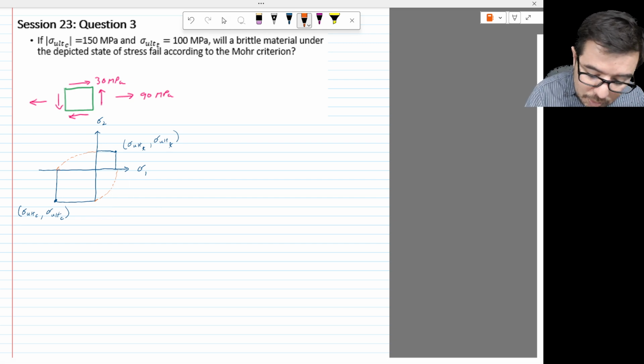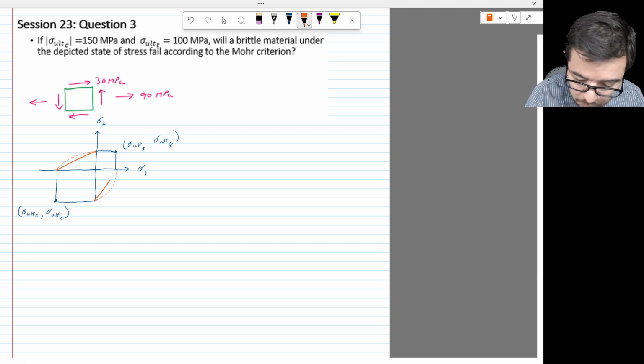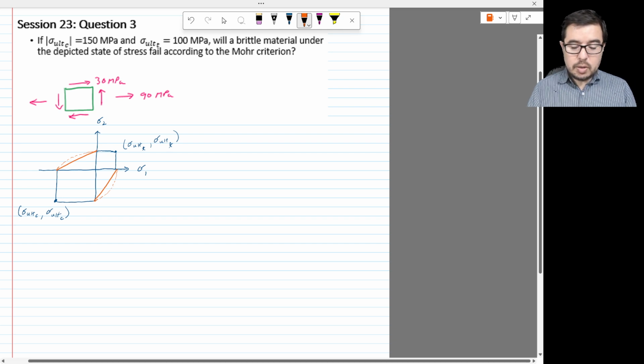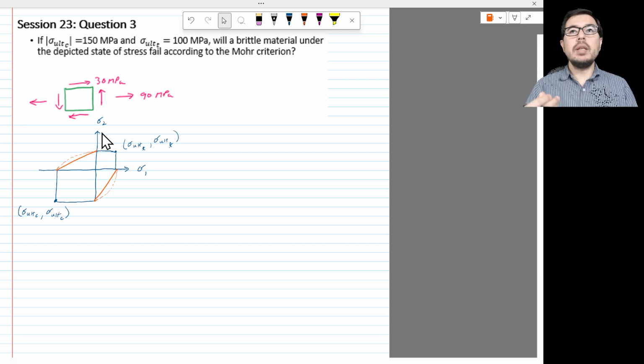Then there's a linear approximation we can make for that curve, and we need to make sure our operating point is in the envelope if we do not want failure. Notice this plot is a sigma 1, sigma 2 plot, which means we have to get an equivalent state of principal stresses in order to make this comparison.